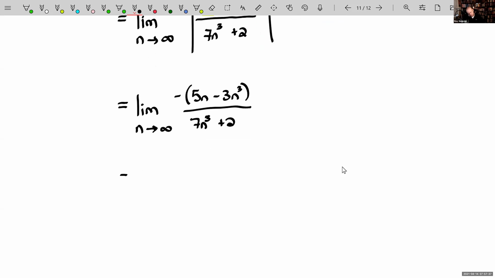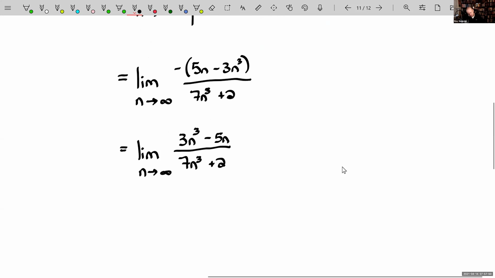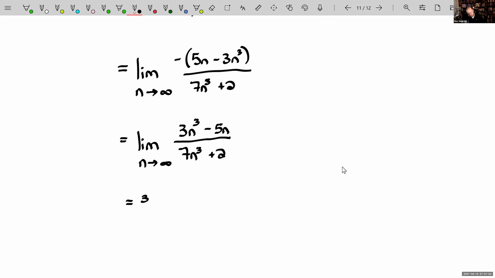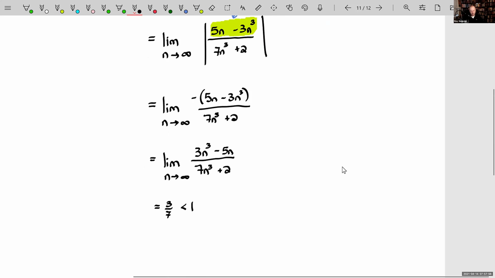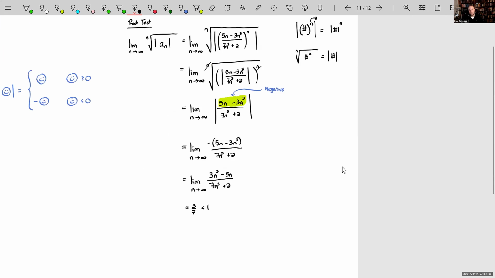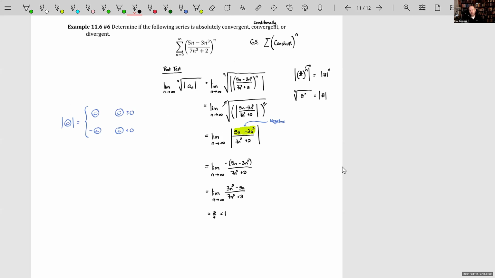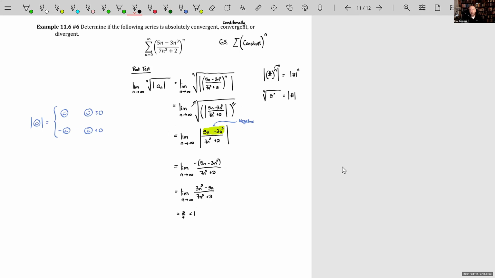Distributing the negative through the numerator, you get 3n cubed minus 5n over 7n cubed plus 2, and we know that's going to be 3/7, which is less than 1, and therefore that series, waiting for it, that series right there at the very top converges absolutely because that limit is less than 1.